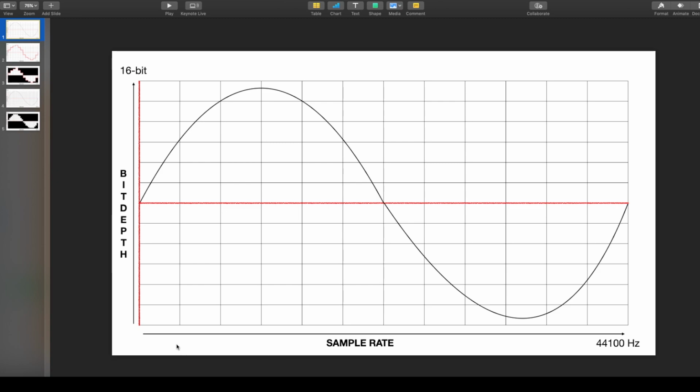Now, when I am using bit depth, you can capture 6 decibels of loudness per bit. So in 16 bit of bit depth, you can get 16 times 6. With higher bit depths, such as 24 bits or 32 bit float, you can record a much louder sound.